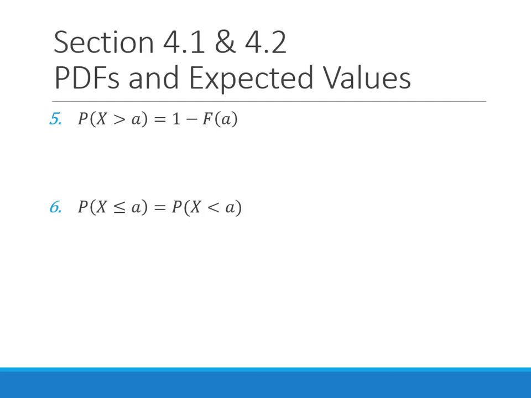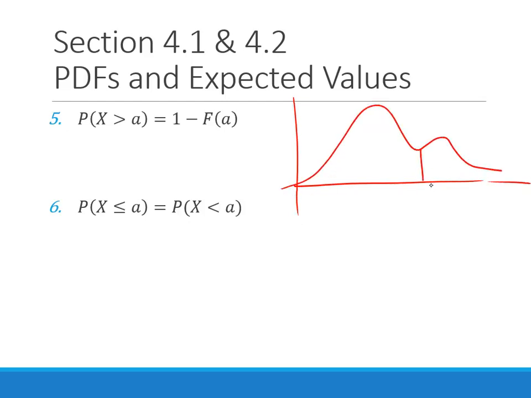So if here's my density curve, and I want to know the probability of being larger than a, I can just subtract off. I can take 1 minus all the other area there. So it's kind of that complement rule here in terms of a random variable.